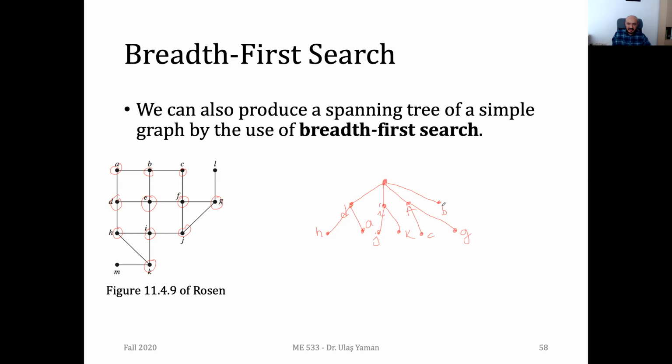For B, do I have any unvisited connections? No. So that's actually all for this level. Then I need to go one more level down.